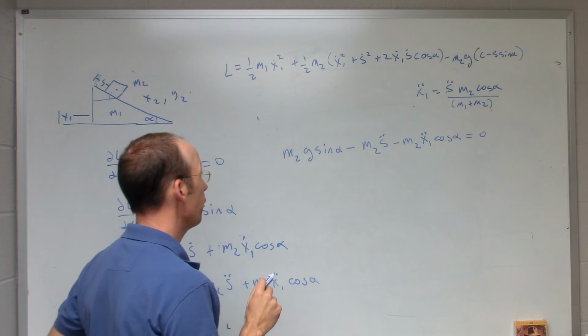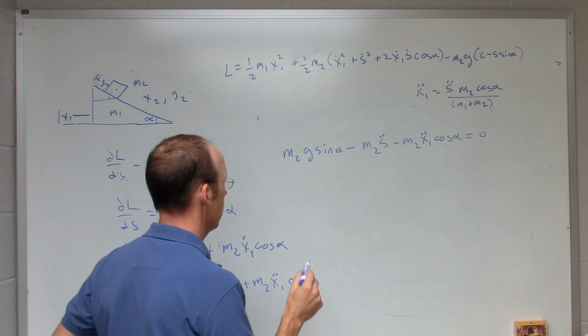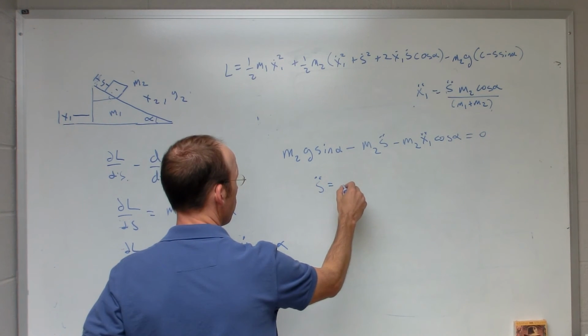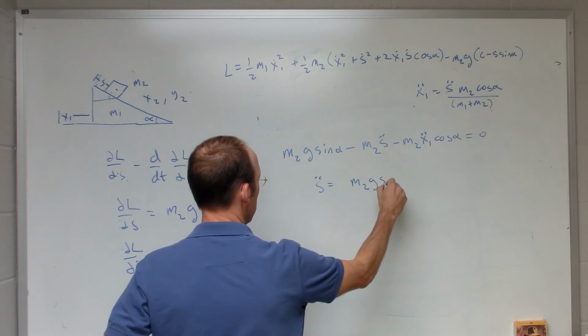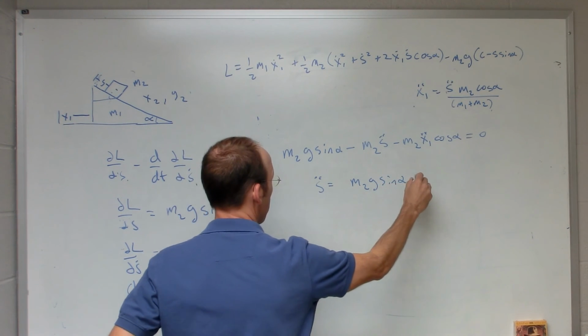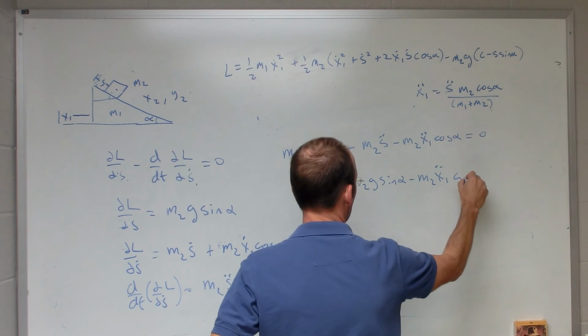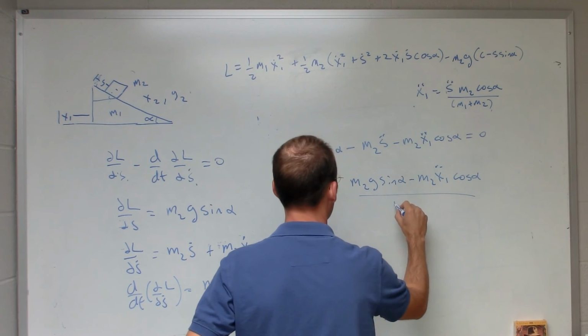So let's solve this for s double dot. I get s double dot equals m2 g sine alpha minus m2 x1 double dot cosine alpha, all of that over m2.